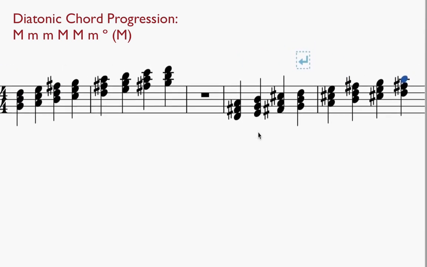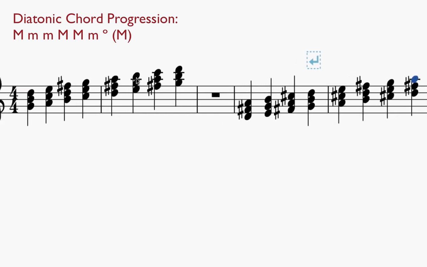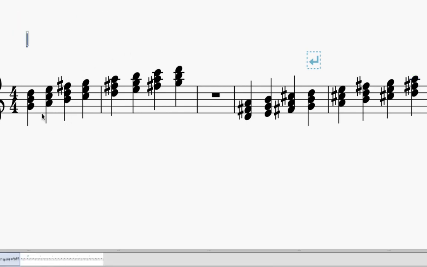So let's look at what's different, right? Let's just notate what chords we have here. Okay, so my possible chords are G major, A minor. I'm looking at my G here. I'm just going to write down the names of the chords. B minor.